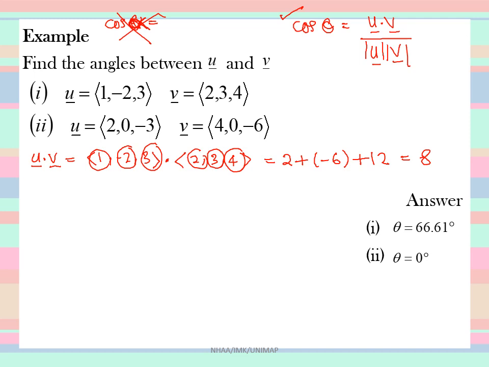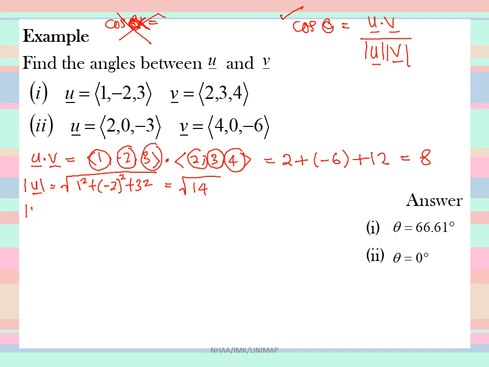Okay, and then find the magnitude for vector u, that is equivalent to 1 squared plus minus 2 squared plus 3 squared, that is 1 plus 4 plus 9, that is square root of 14.